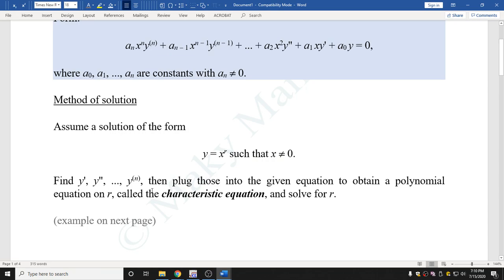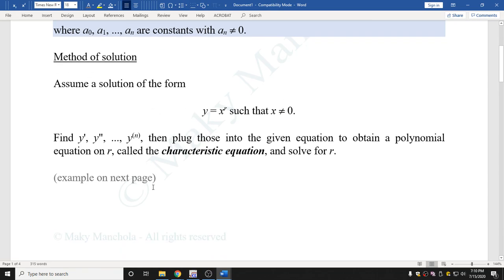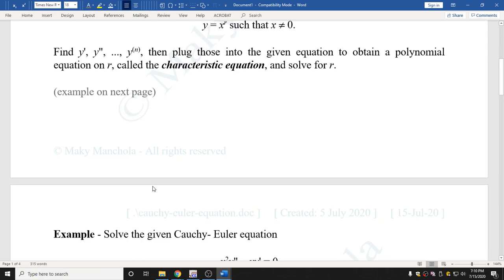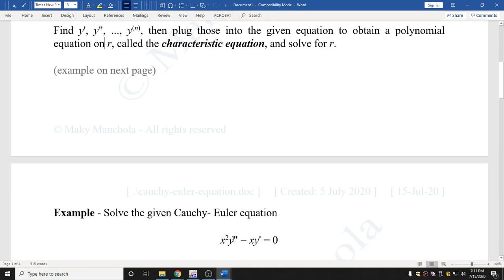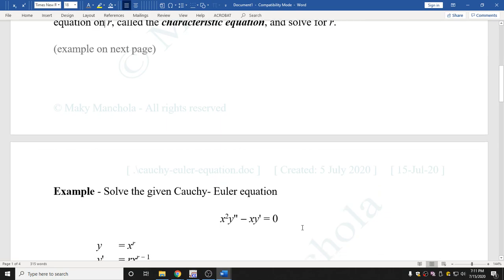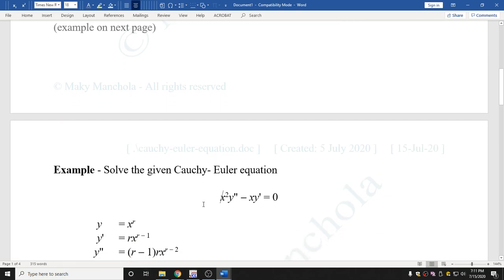Okay, let's do an example. Solve the given Cauchy-Euler equation: x^2 y'' minus x y' equals 0. Let's ensure that we in fact are given a Cauchy-Euler equation. So we have x^2 times the second derivative, minus x times the first derivative.